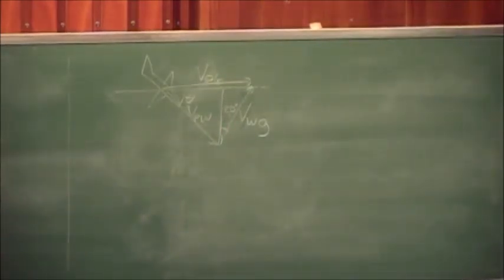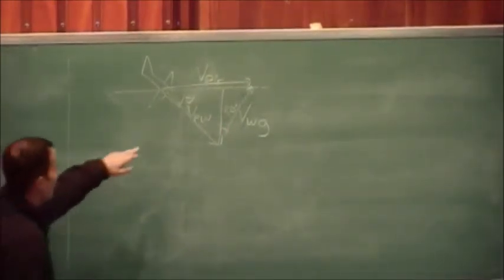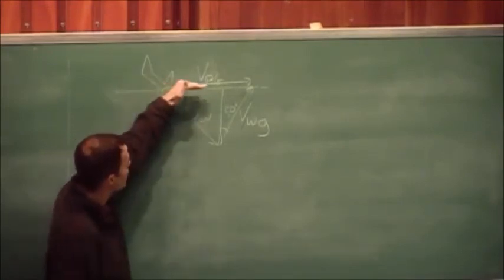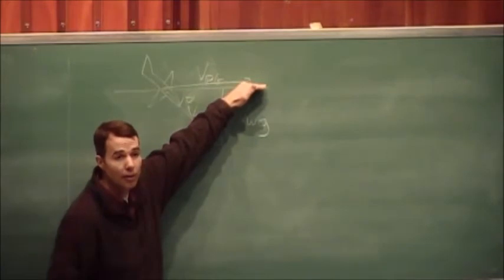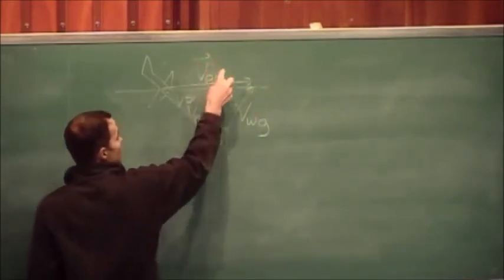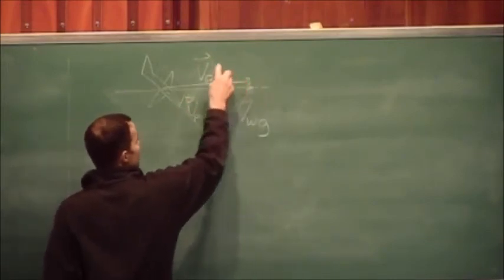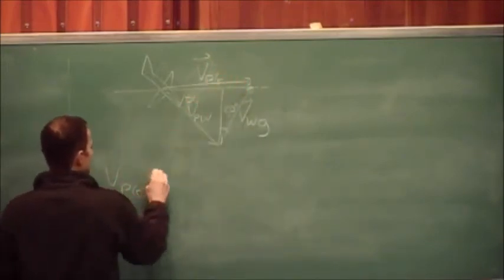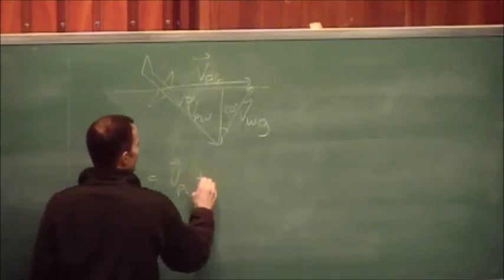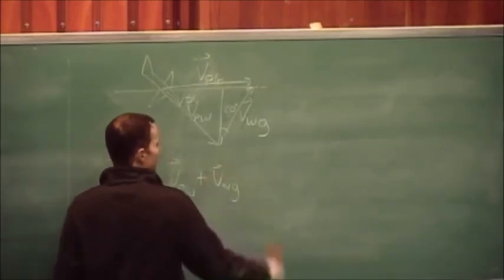And then what it wants to ask is, what is this angle here that it has to tilt the nose in order to do this? And what is the speed that it's moving relative to the ground? Okay, so we can see this pretty straightforwardly, right? Because V_PG is simply just a vector sum. V_PG is equal to V_PW plus V_WG.